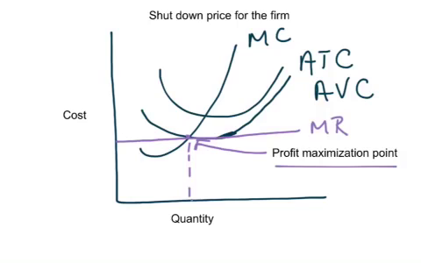So at this point, if they reach this cost and point on the curve, this is known as the shutdown price, because if they're at this price or below, at any price, it makes no sense for the firm to continue to operate, because they are having to have greater losses by operating.